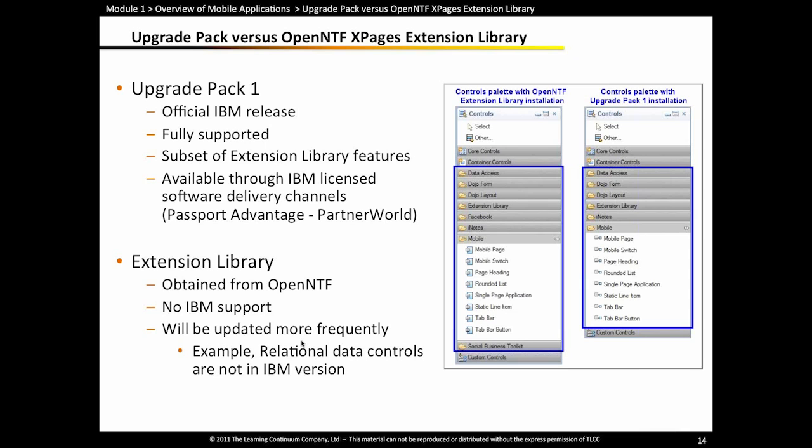For example, the official Upgrade Pack contains all of the really cool mobile stuff and a lot of the standard controls that were there. One of the things it doesn't contain, though, is the relational tools. Those are still considered to be beta, if you will, and they're still available via OpenNTF. Developers can still get them and play with them and work with them, but they're not the official, supported tooling that's available via the Upgrade Pack.